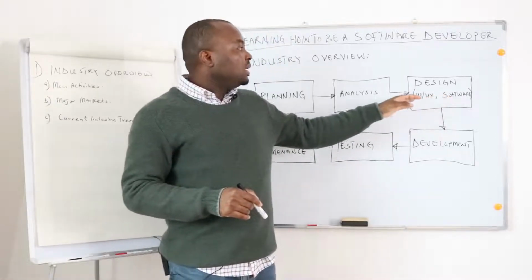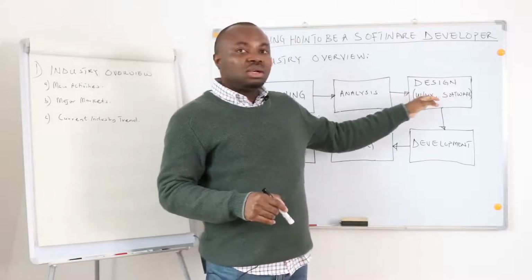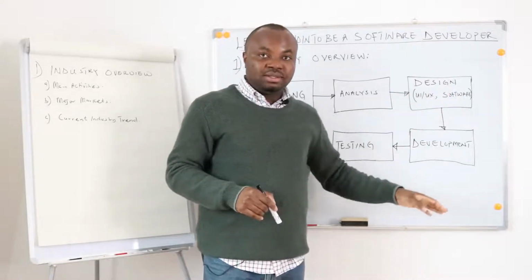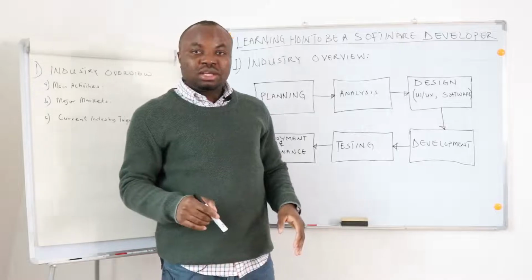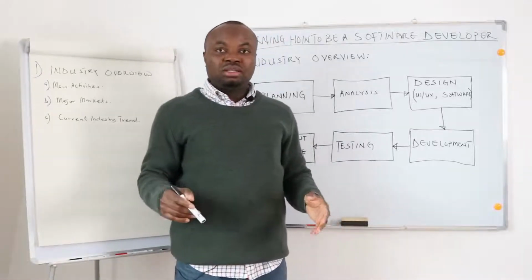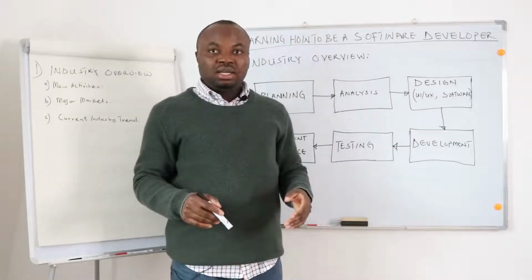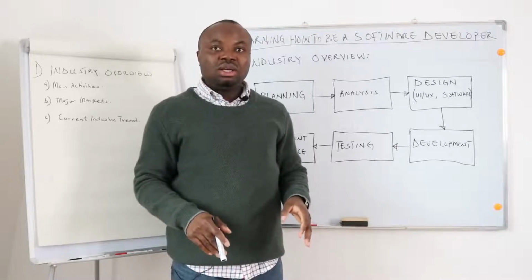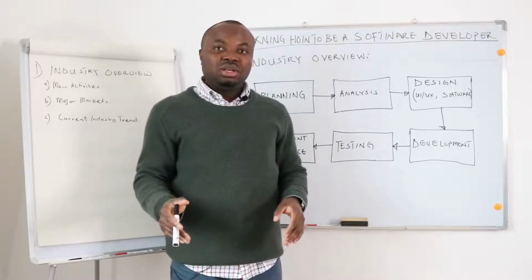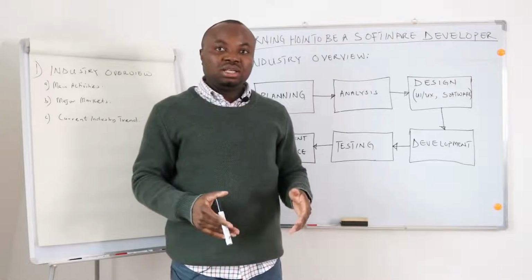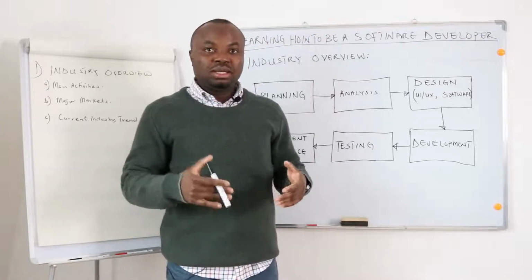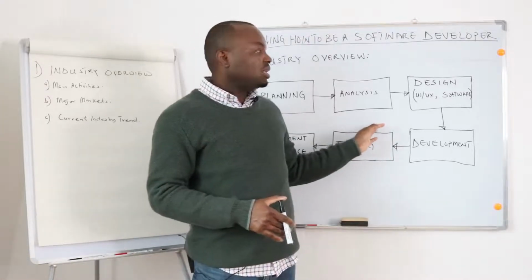Then, in addition to the UI UX design, we also have the main software design. Many organizations don't really do software design. They just go straight into writing the software. But in mature organizations where it is compulsory, software design becomes a step within the process.